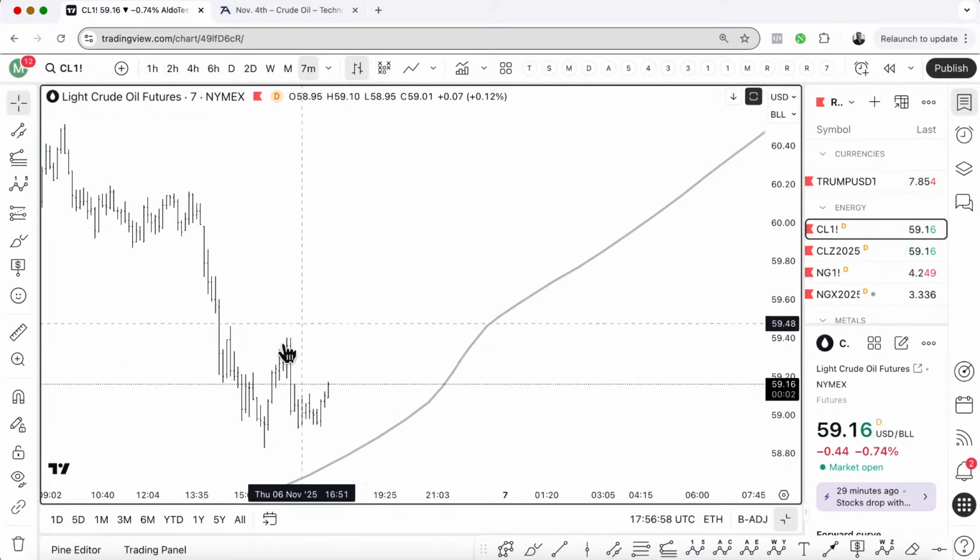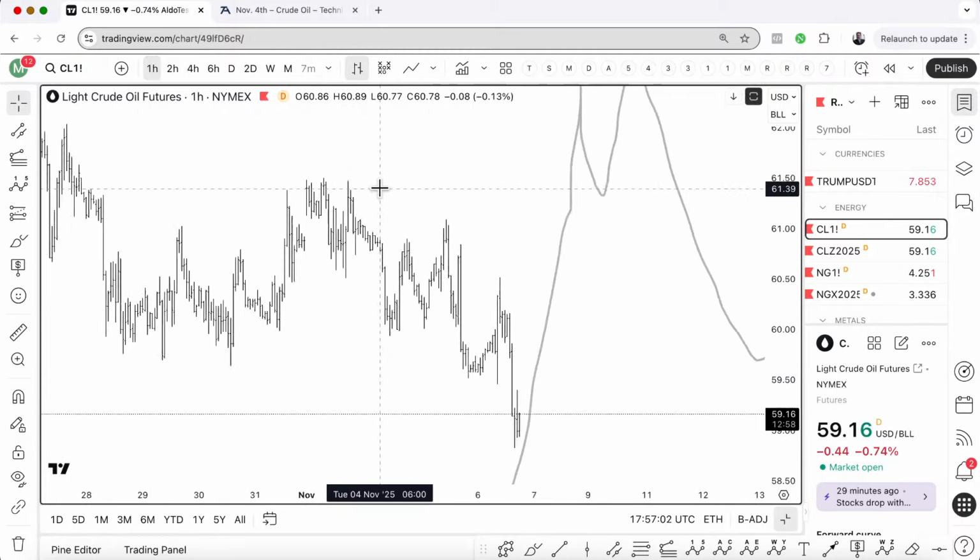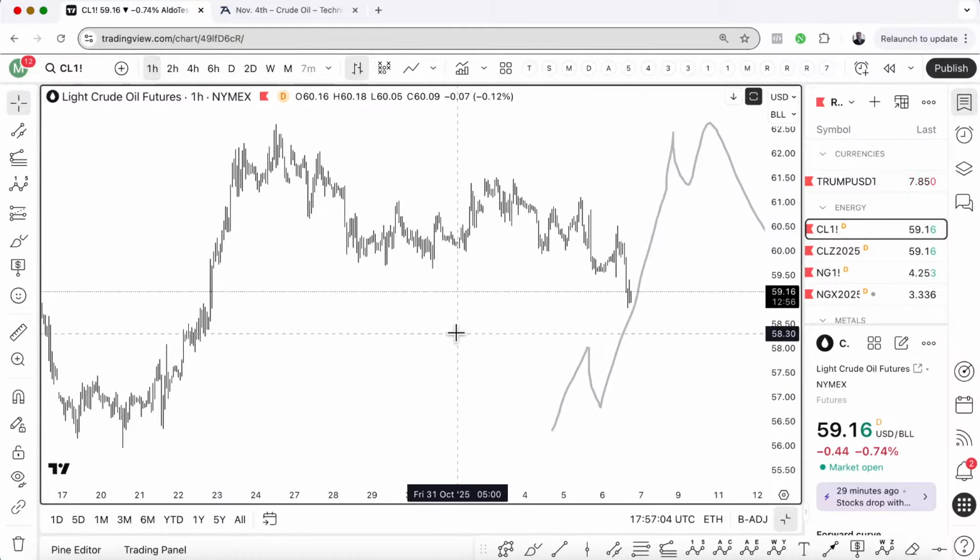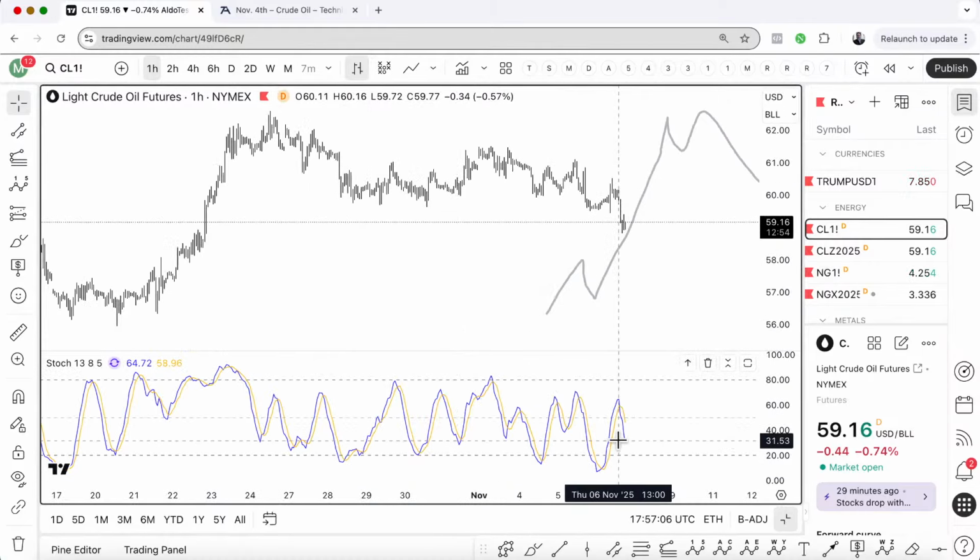It's the beginning. But instead of doing that, I told you a way to enter with the stochastic. The stochastic here is far from giving the signal. And perhaps you're going to learn why. I think tomorrow you're going to learn why.